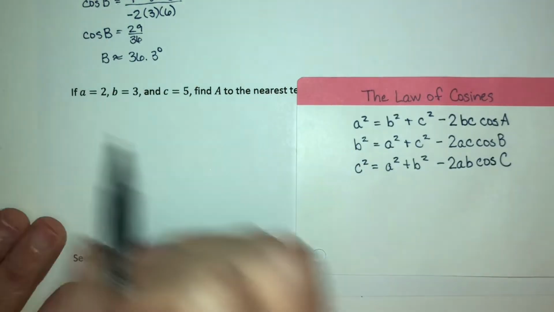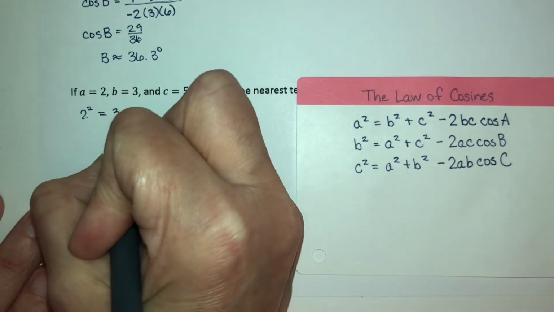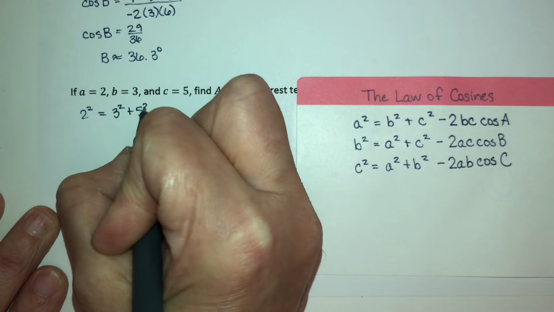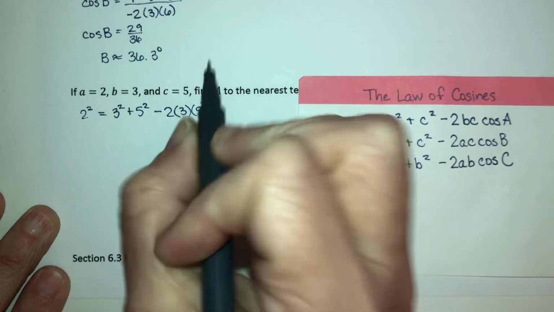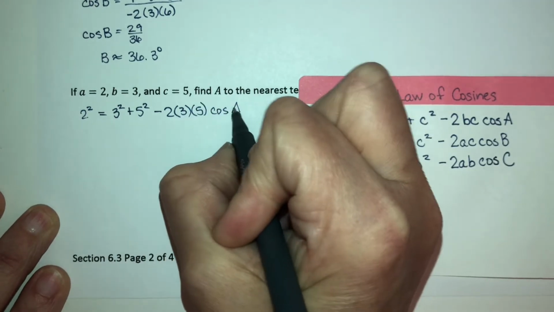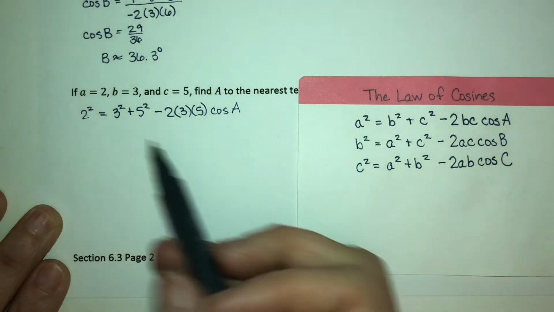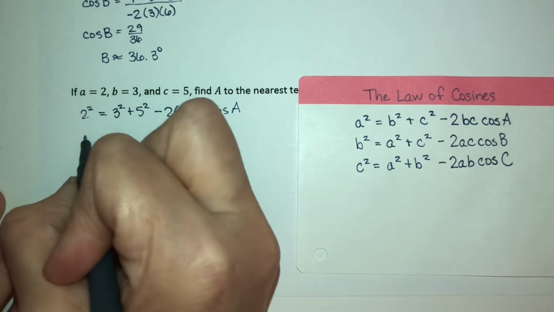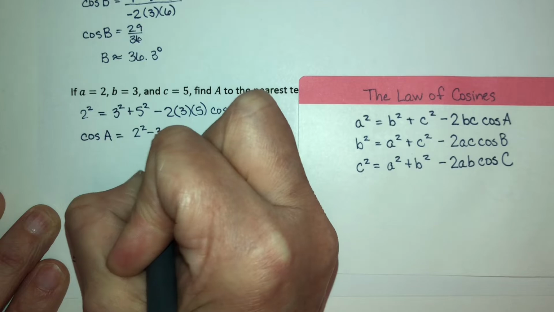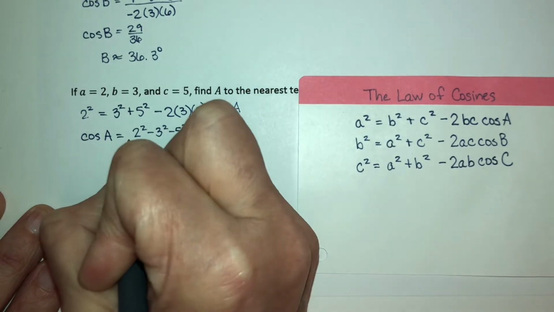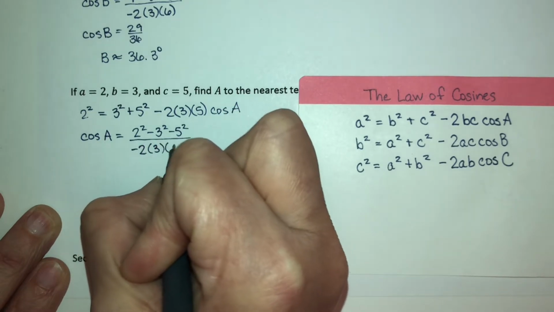So I have A squared is equal to 3 squared plus 5 squared minus 2 times 3 times 5 cosine of angle A. Okay, so I end up with cosine of A equal to 2 squared minus 3 squared minus 5 squared divided by a negative 2 times 3 times 5.